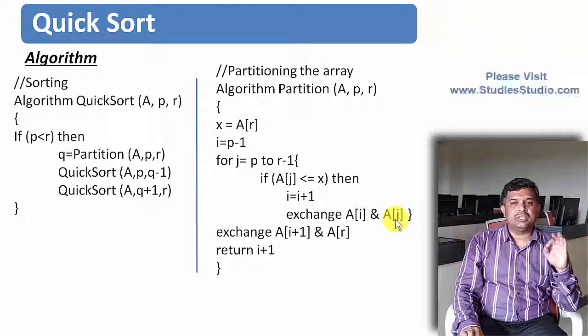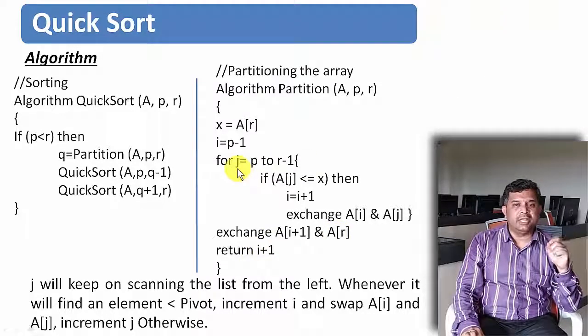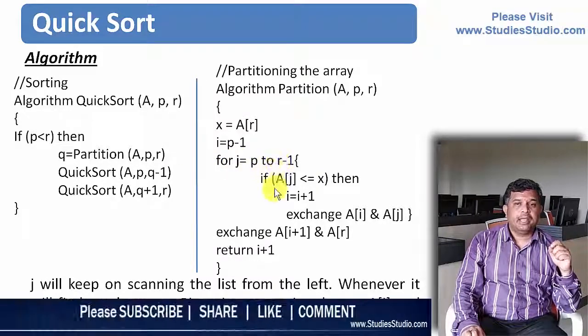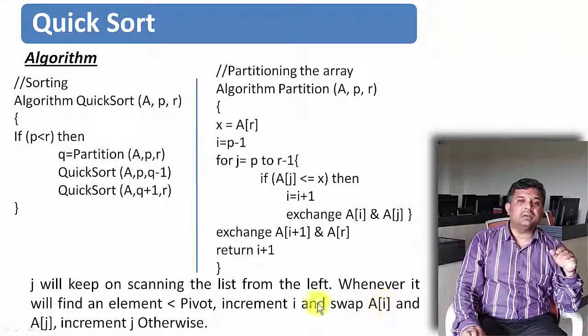Otherwise, I'll exchange the I plus 1th and Rth elements, and I'll return the value I plus 1. Here the variable j that we have taken in the for loop is used to scan the list from left to right, and whenever it finds an element less than the pivot element, increment the value I and swap A[I] and A[J], otherwise simply we'll increment the value of j.